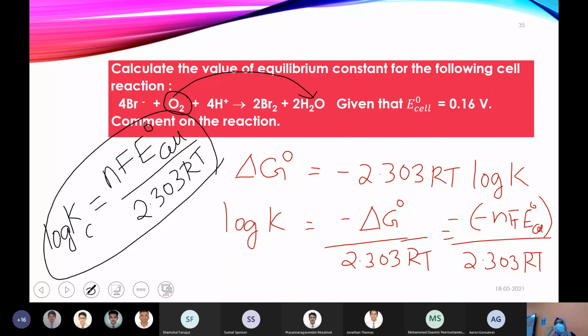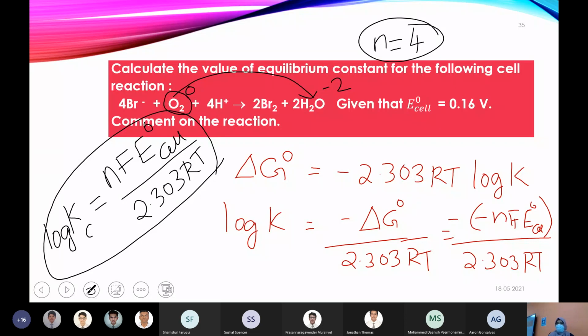Oxygen to H2O: what is the oxidation state of oxygen in water? -2. So oxygen was 0 and it changed to -2. But there are 2 molecules of water, so it means -4. That means 4 electrons. Either the loss of 4 electrons or the gain of 4 electrons is happening. So electrons transferred is 4. n is equal to 4 in this question.